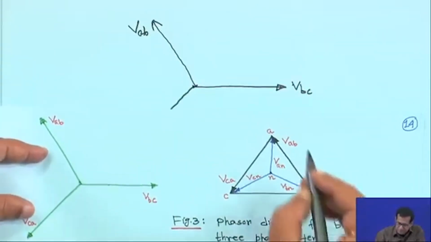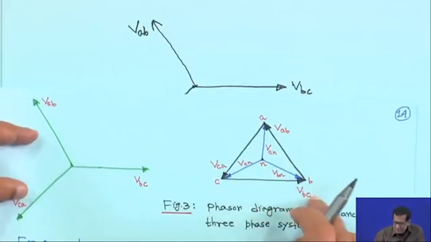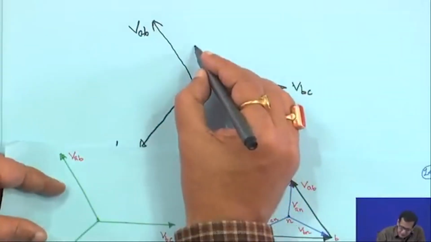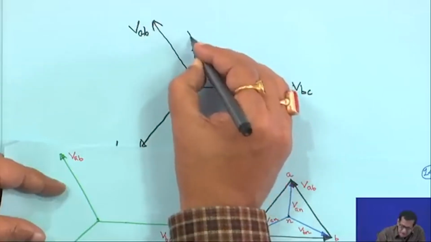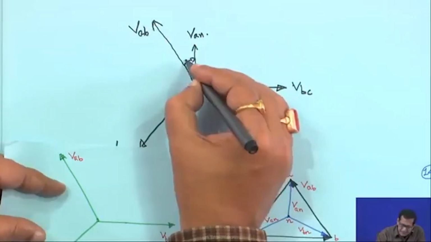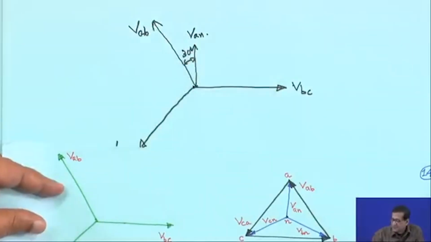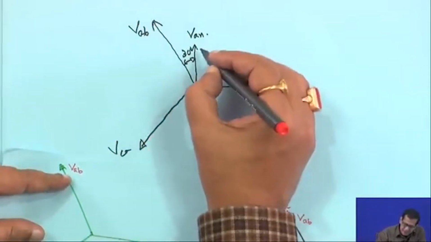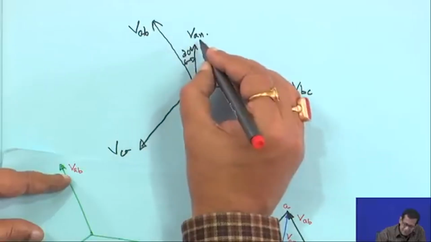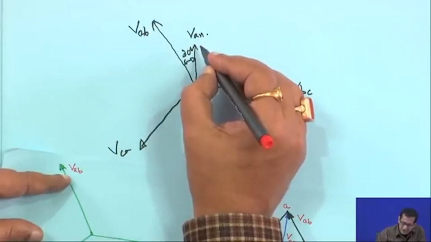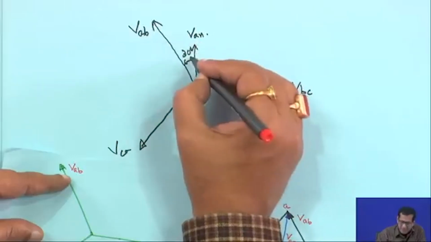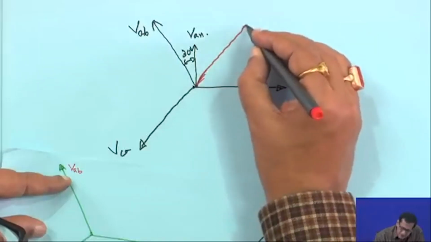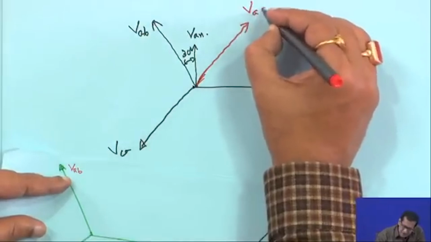If you look into that VAB, BC, CA, and this is your VAN, this angle is 30 degree, right. This you know, right, this angle is 30 degree. Now, your VAB is actually leading VAN by 30 degree, or VAN is lagging VAB by 30 degree, and this is VCA. If you change this one, just opposite, it is VCA, then it will be your VAC, right.